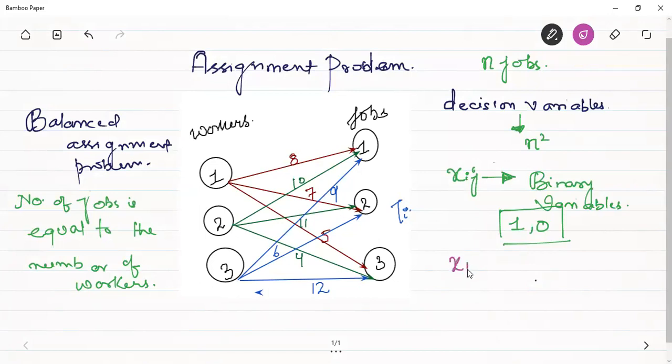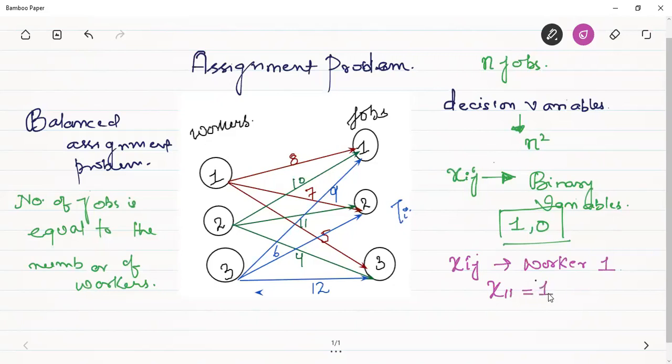I'm talking about xij, suppose I'm talking about the worker 1. What does it mean that if a job is assigned to the worker 1, suppose the first job is assigned to the worker 1, it means that x11 will be equal to 1.